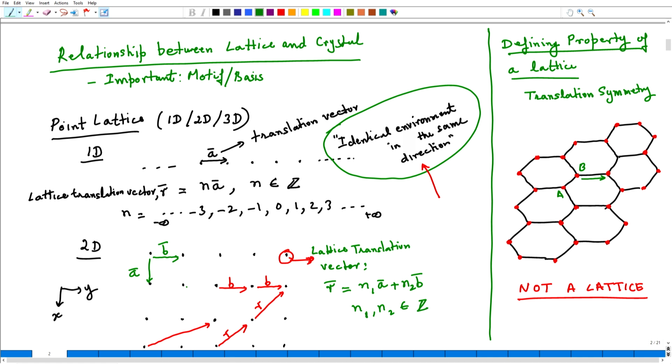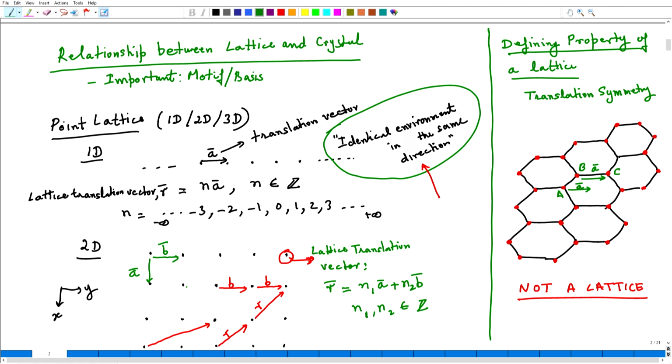Let us say this translation vector is A in a given direction, and we go from B to a lattice point C. Now, consider the same translation from the lattice point A. In this case, this translation does not end at a lattice point, which means that the environment of points in the same direction at B and A are different, and that is the reason why we will not call this a lattice.